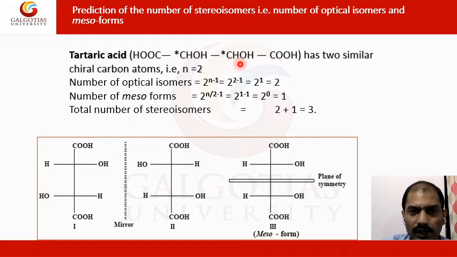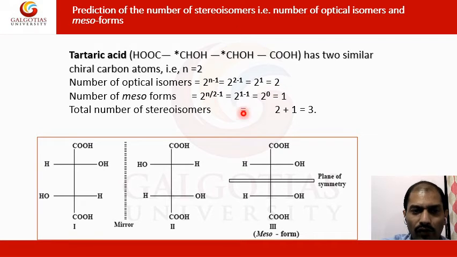This is CHOH, okay, this is CHOH. So with respect to this carbon and with respect to this carbon, the number of optical isomers will be 2^(n-1), as we already discussed. 2^(n-1) equals 2 minus 1 equals 1. So the number of optical isomers will be 2.